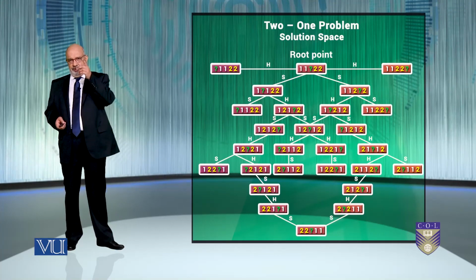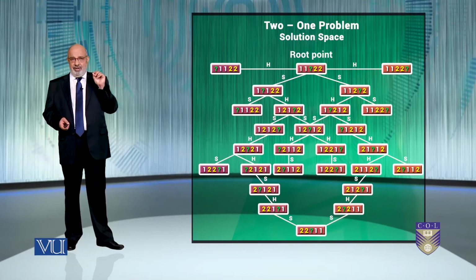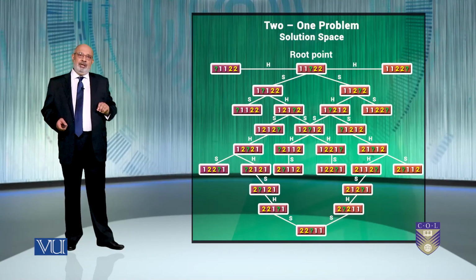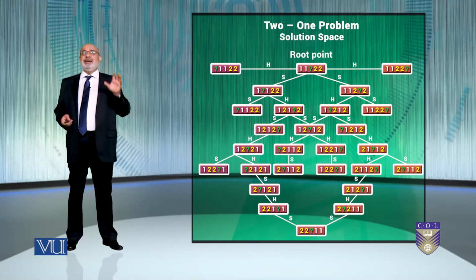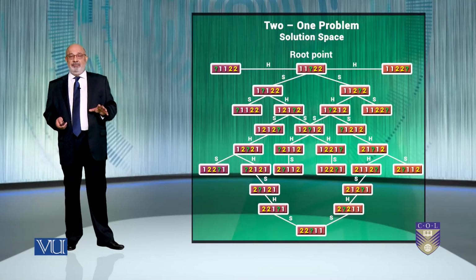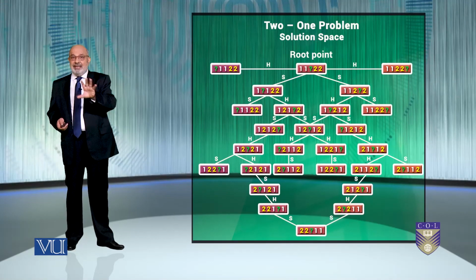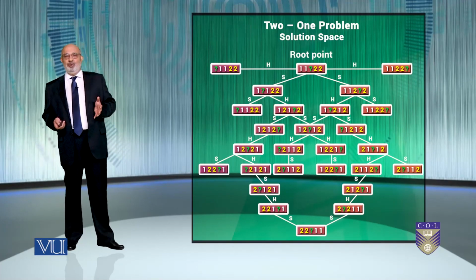We started from the root node, as we call it for the tree, and we reached the solution point. All intermediate states, all intermediate conditions, representations of the problem, are within this graph. And this is known as a solution space.